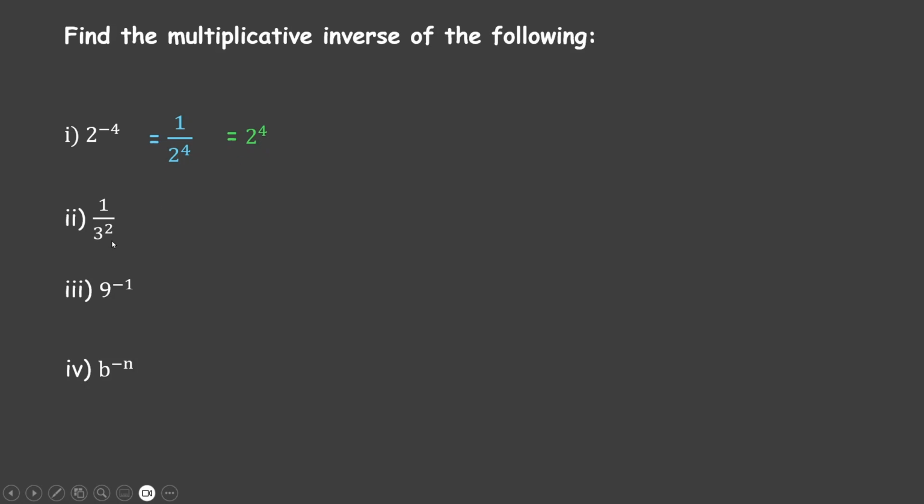Now the multiplicative inverse of this will be 3 raised to the power 2. On multiplying them we get 1. Next, 9 raised to the power minus 1, which is actually 1 upon 9, and its multiplicative inverse is 9. Next, we have b raised to the power minus n, which is actually equal to 1 upon b raised to the power n, and its multiplicative inverse is b raised to the power n.